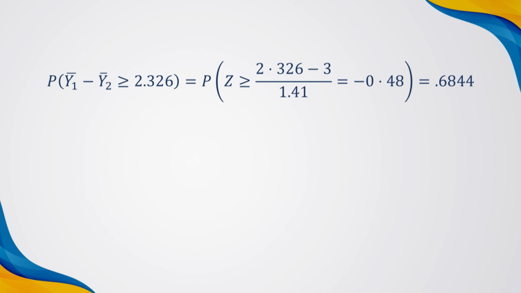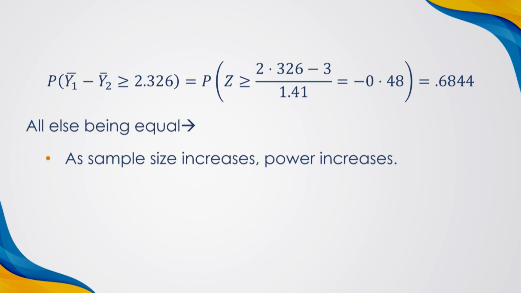Also, the probability of y1 bar minus y2 bar greater than or equal to 2.326 is equal to the probability of z greater than or equal to (2.326 minus 3) divided by 1.41, which is minus 0.48. If you find the probability for this value of z, it is equal to 0.6844.